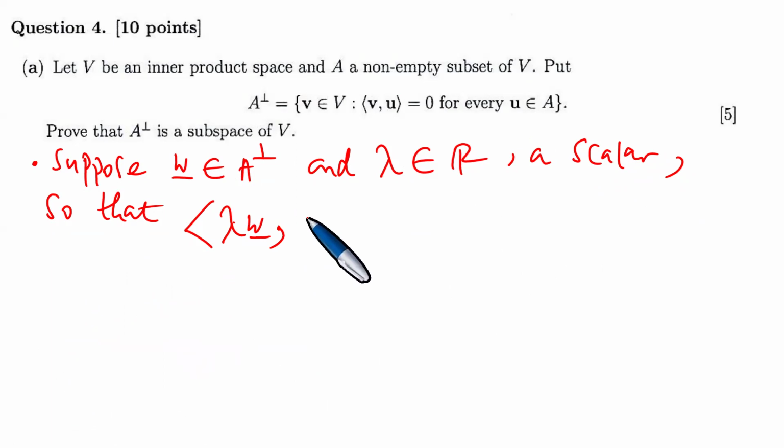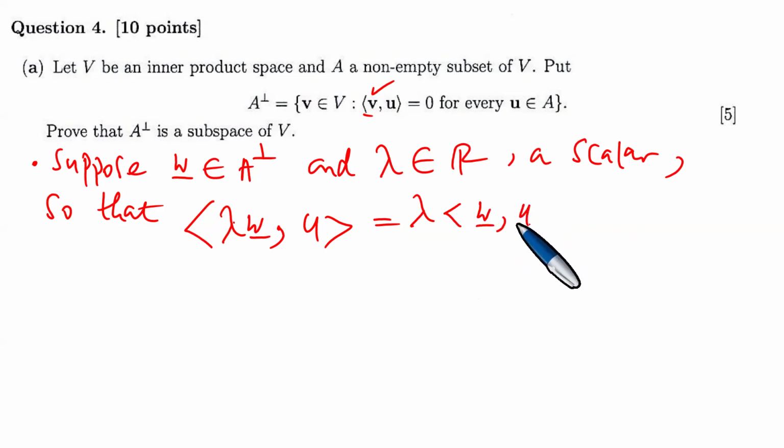And then you take U, where W comes from A perp, and you take the inner product with the U, right? If you do this with the U, what do you get out of this? This is a property of the inner product: the scalars can be taken out. So this scalar goes out.